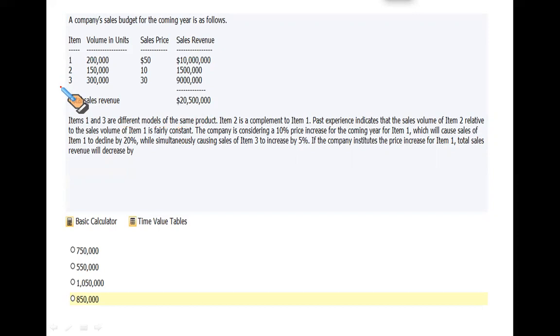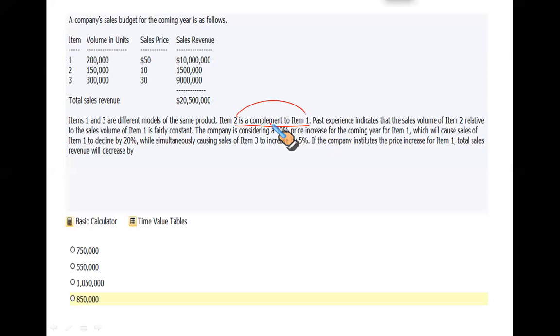Then next, item 2 is a complement of item 1. Complement products are those goods which are jointly demanded. Bread and butter, ball and bat, car and fuel.